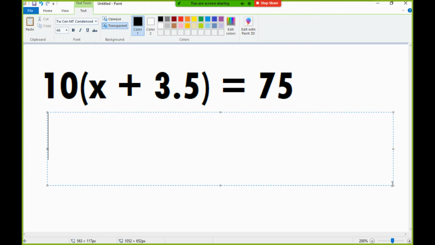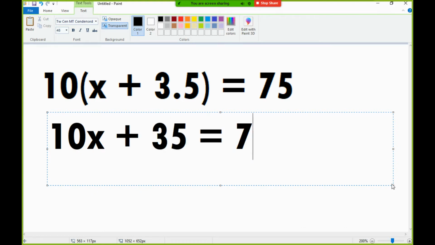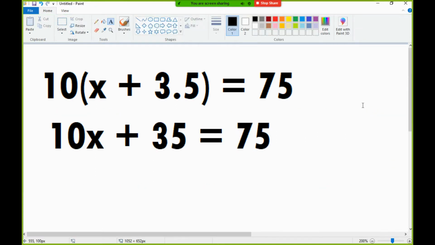If I'm distributing 10 here to both pieces, 10 times x, that's 10x. 10 times 3.5, that's 35, and 75. So these two equations are equivalent. We talked about how this top one and the bottom one, before we had equal signs over there, one is not more simple or less simplified than the other.